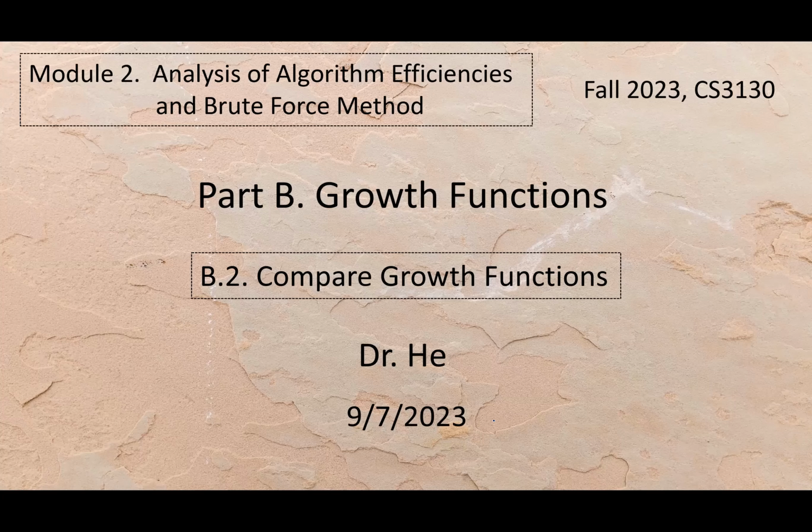Compare two growth functions. Which method is better? Our first method, remember, does global comparisons without a data organization step. The worst case efficiency function is this one, and the growth function is n squared. But method two has two steps. The first step, we need to sort the whole array, and we need to pay this much cost.